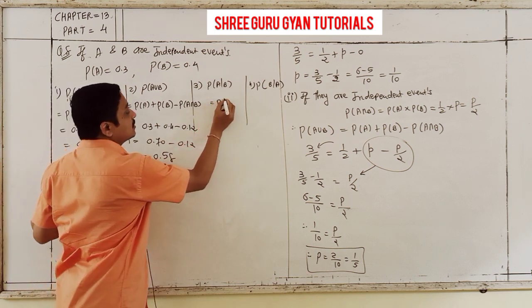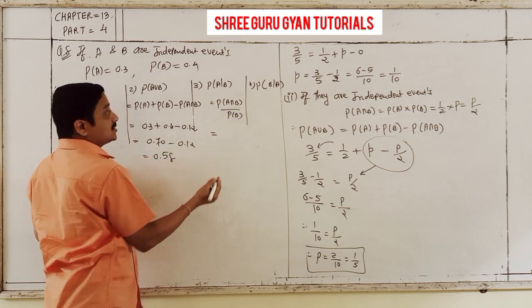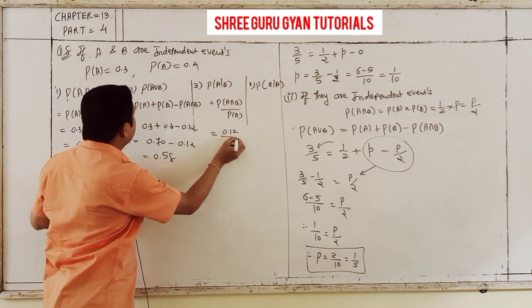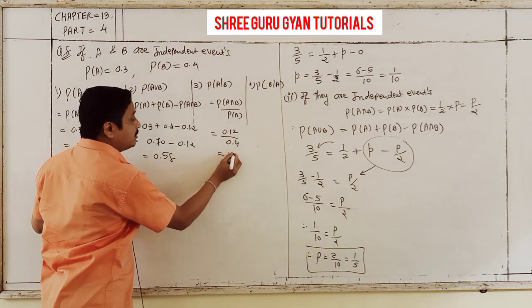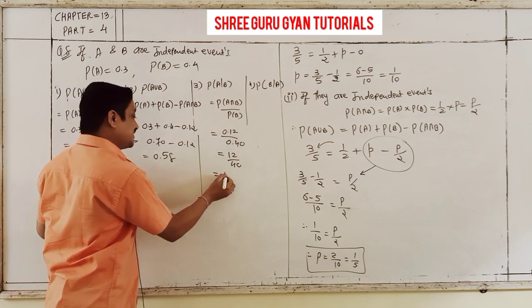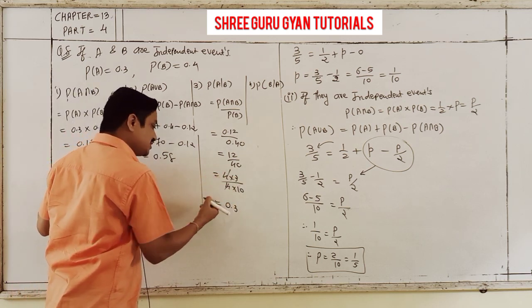Here you know that P of A given B is P of A intersection B upon P of B. The A intersection B I have found is 0.12 and P of B is 0.4, I mean 12 by 40. So your answer is 0.3.